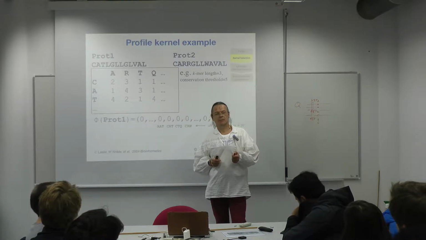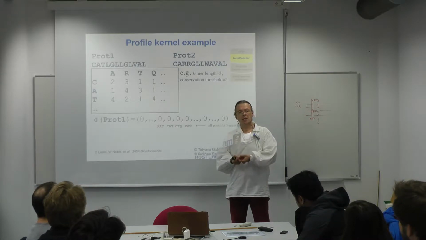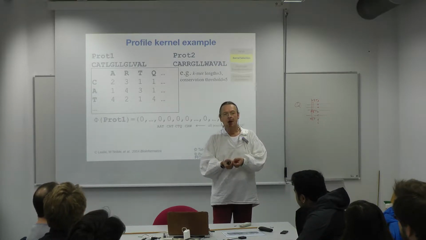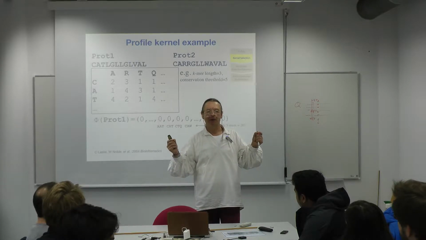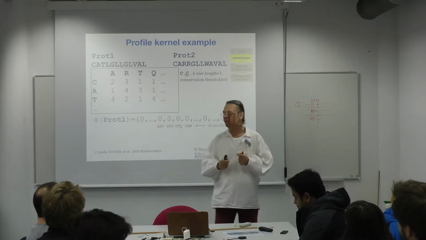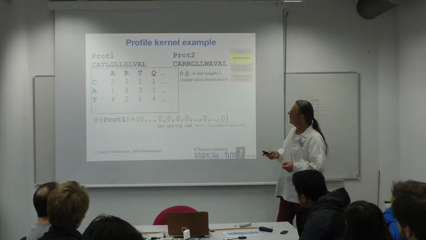Yes. Okay. What we actually want to get to is a measure of how frequent a k-mer is in that family. Not only in that sequence, but in that family. How conserved it is in the family. And the way we are going to do it is we are going to have some threshold.